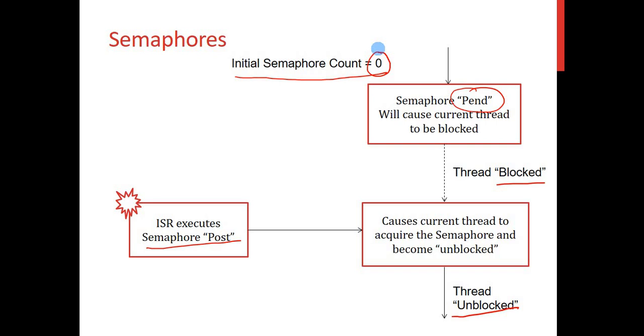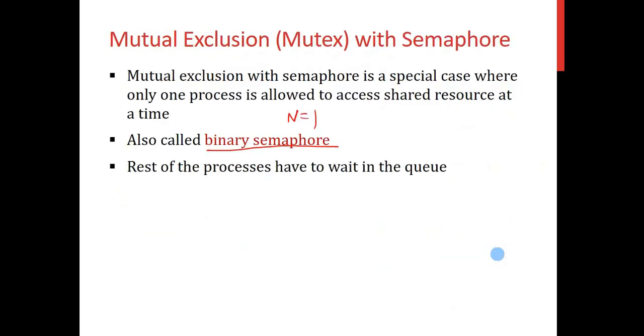So who can post a semaphore? Anybody. Another task, another ISR, anyone can post a semaphore. And when they post a semaphore, what happens? The OS will see that there is a task in the blocked state waiting for the semaphore, and it will allocate the semaphore to that task and cause it to become unblocked. So that is basically the idea of a semaphore.